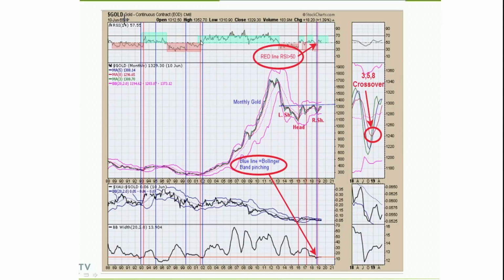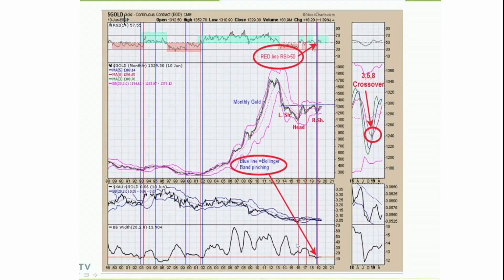Obviously, it turned up in 2001, stayed above 50 all the way into the top of 2011, and then stayed below 50 all the way into 2016. It jumped above for a few months, fell below, jumped above, fell below. And since basically January, the RSI has been above 50, suggesting we've got an uptrend going here according to the monthly RSI rules.